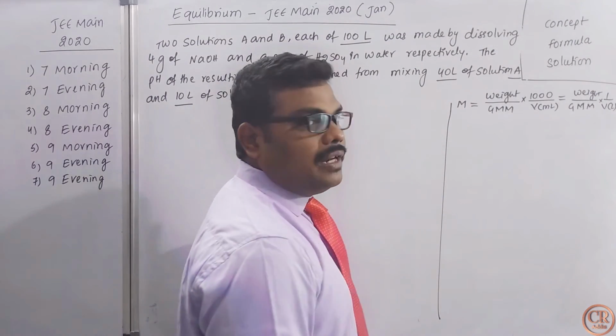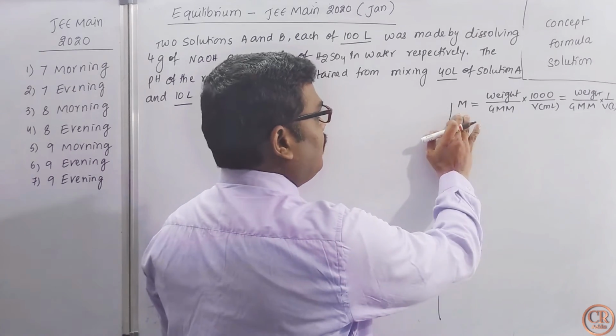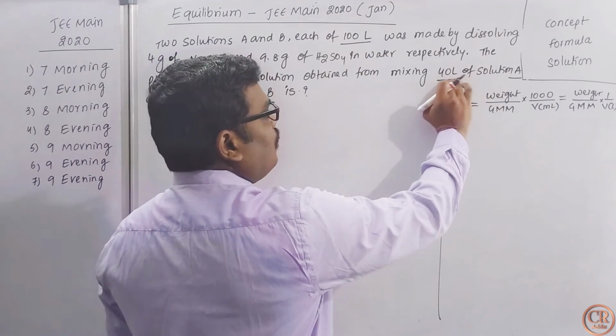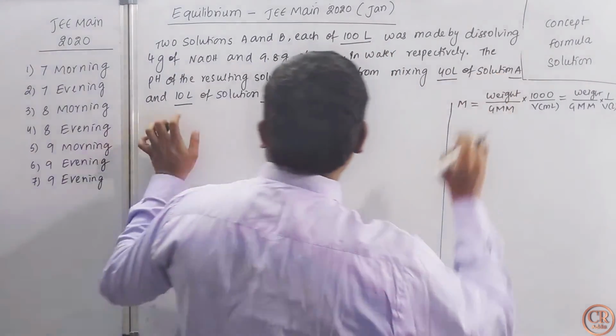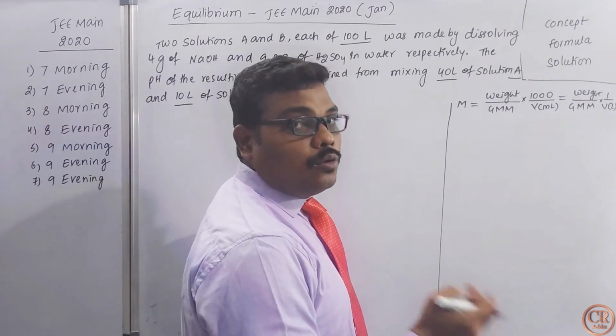So if volume is given in liters, we can calculate from this. Now after calculating molarity, they have given 40 ml of this solution A and 10 ml of solution B. So from this we can get number of moles.